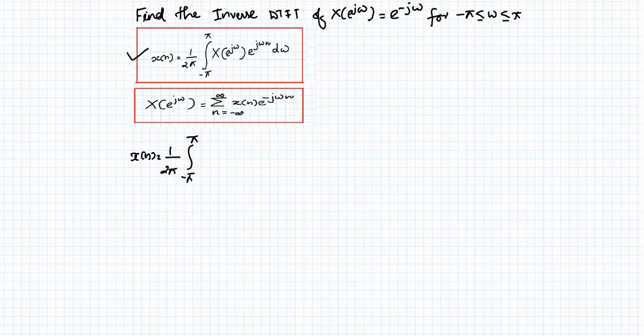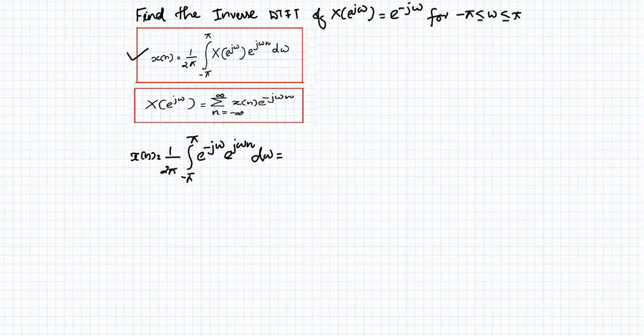The signal is e raised to minus j omega, and x of e raised to j omega we substituted e raised to minus j omega. Now we need to write the next term, e raised to j omega n, and the variable is d omega. Now we can group these two terms.